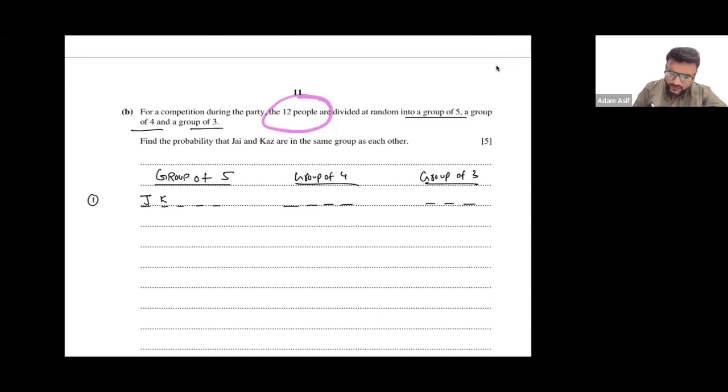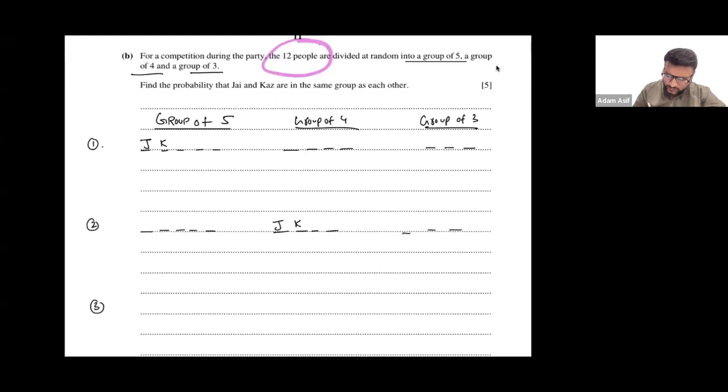First option is that J and K are in the group of 5. The second option is that they are in the group of 4. And the third option is that they are in the group of 3. Now, let's find out the possibilities. If J and K are in the group of 5, then out of the remaining 10 people, any 3 people can come over here.